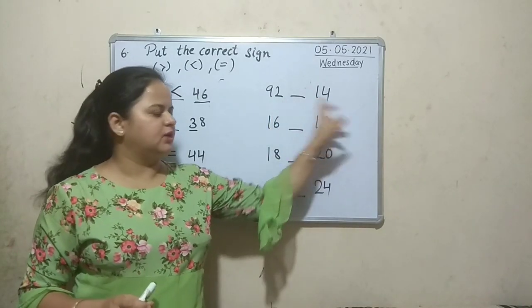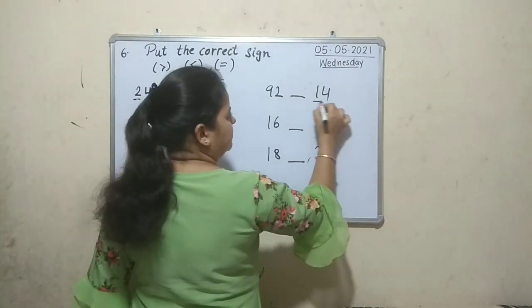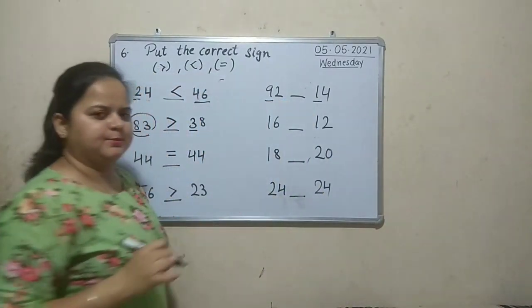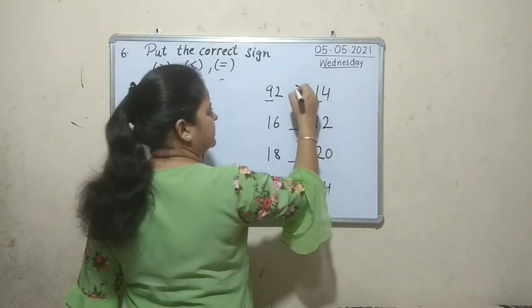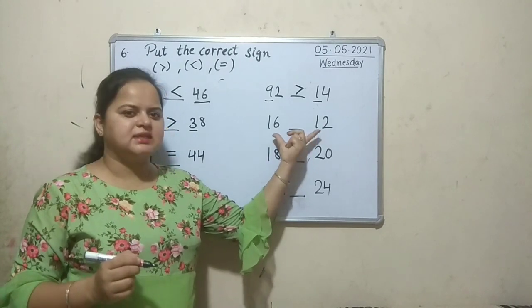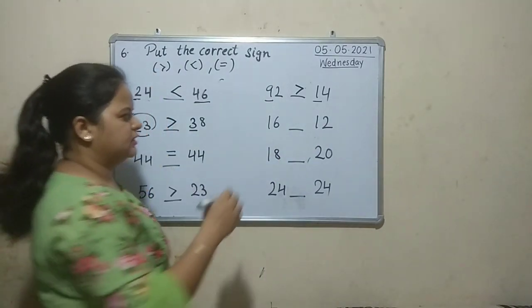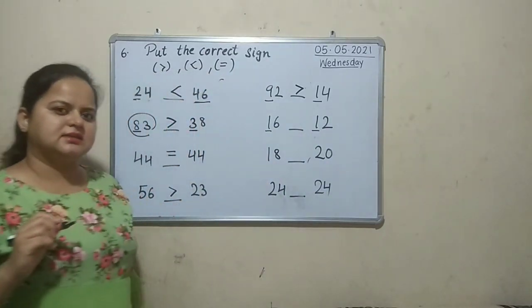92 and 14. Which number is greater? 1 and 9. Which is greater one? Very good. 92 is greater number. Okay, here we have two numbers again, 16 and 12. The both digits which are placed on tens place are same.